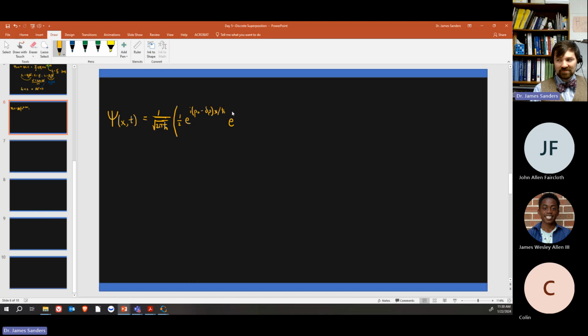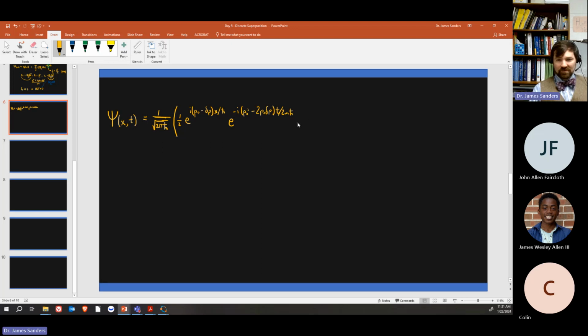And now I have my time dependent term up here, which is negative I p naught squared minus 2 p naught delta p times time, and then you have your over 2m and over your h bar.